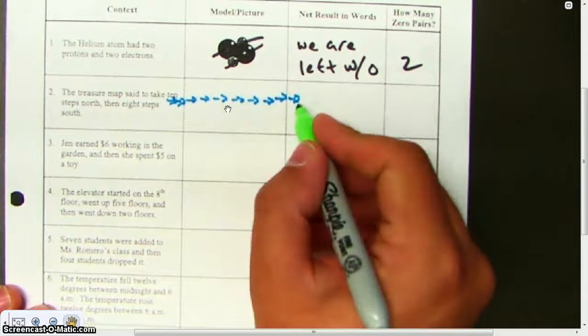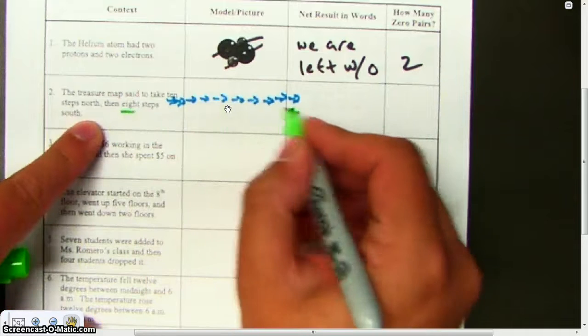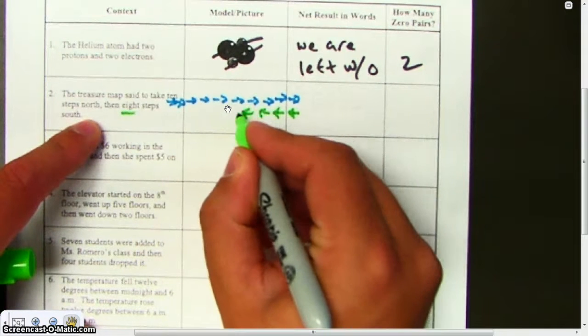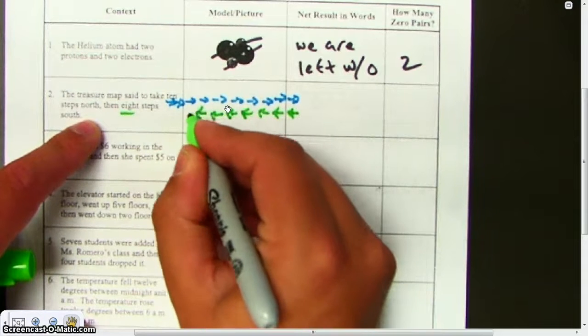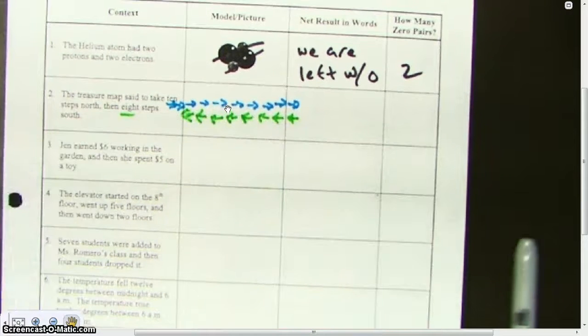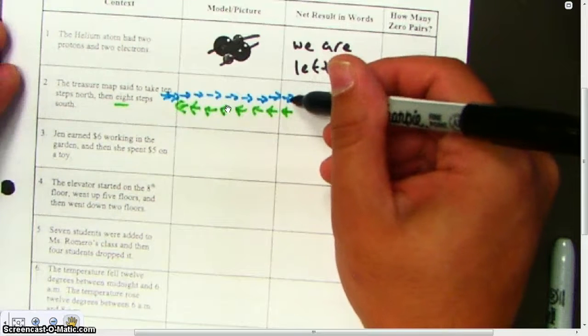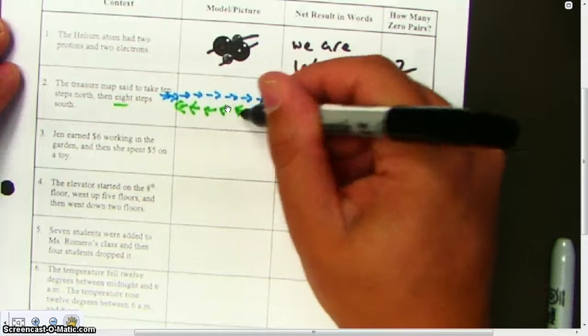So we take the 10 steps this way, and then basically we want to see how much movement we made. Or sorry, 8 steps back. 1, 2, 3, 4, 5, 6, 7, 8. And this right here is kind of like saying you went positive 1, then back negative 1, which makes a zero pair, so we would cross them out.